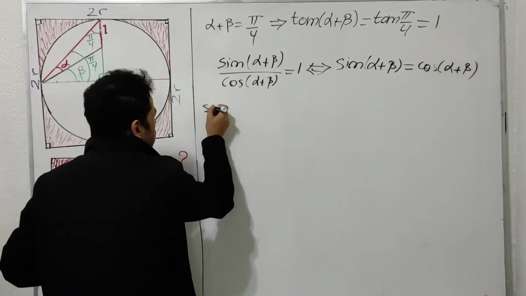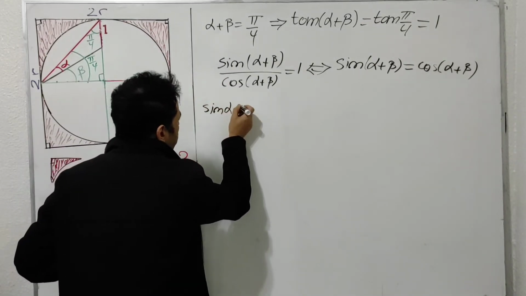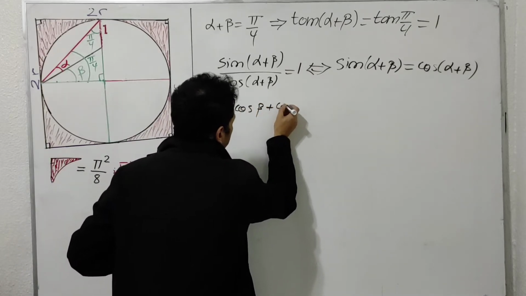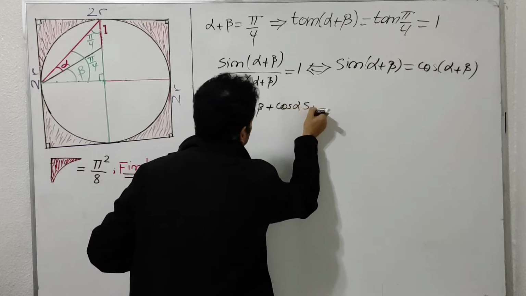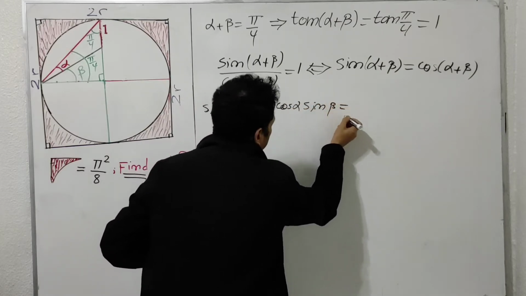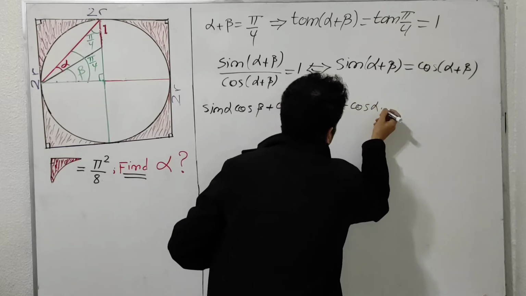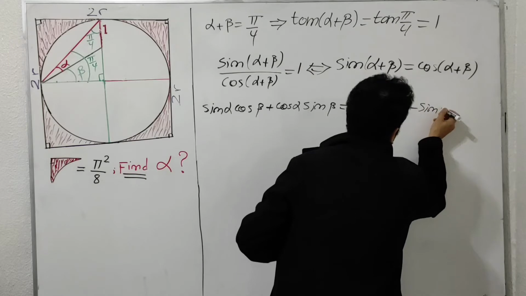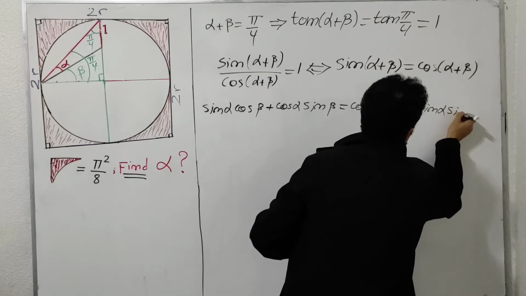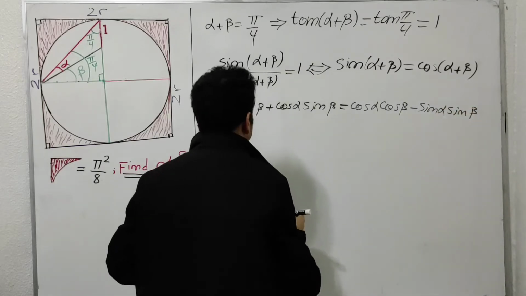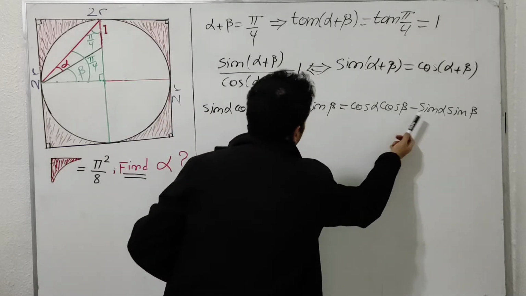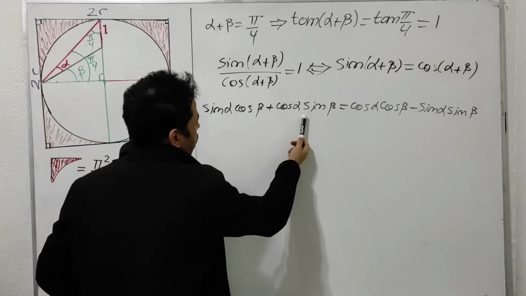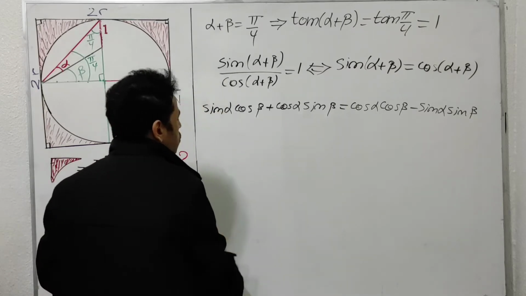I will get sine alpha multiplied by cosine beta plus cosine alpha multiplied by sine beta equals cosine alpha multiplied by cosine beta minus sine alpha multiplied by sine beta. I'm going to bring this term to the left hand side of the equation and bring cosine alpha sine beta to the right hand side of this equation.